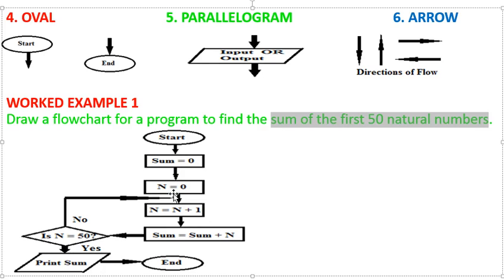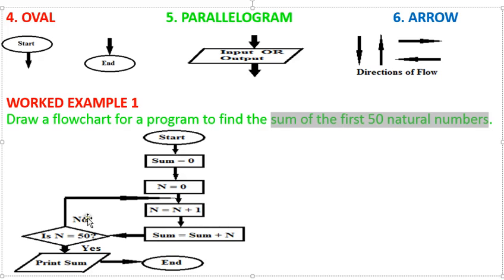And then you now come and initialize the numbers. Before you take the first number, definitely the number is equal to 0. Now you go and say, let's increment the number by 1. That is, let us take the first number. That is, your n is now equal to n plus 1. And now you go to your sum and increment it by the value of that number you have just taken, so that your sum will be equal to the original sum plus the number you have taken now.